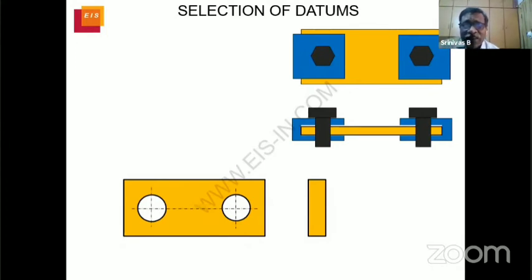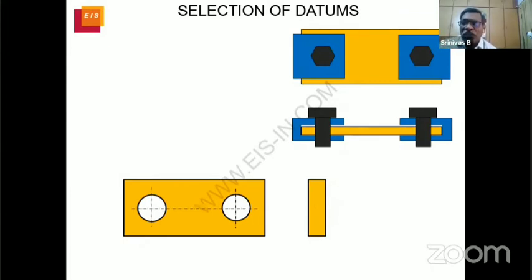Virtual condition, I would give you the technical definition if you can understand. It is a constant boundary generated by a feature of size at its MMC or its LMC, including the impact of the geometric tolerance. That is called virtual condition. Resultant condition is a boundary generated by a FOS.